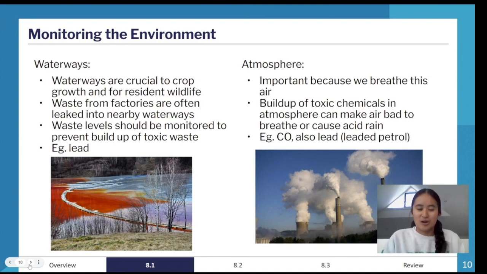Basically, this whole dot point is just you being able to go, if we put toxins in vital sources of life, so water is very key to life, air is very key to life, if we put waste in that and put toxins in that, it's obviously going to have very negative impacts. So that's basically all you need to be able to say on this one.